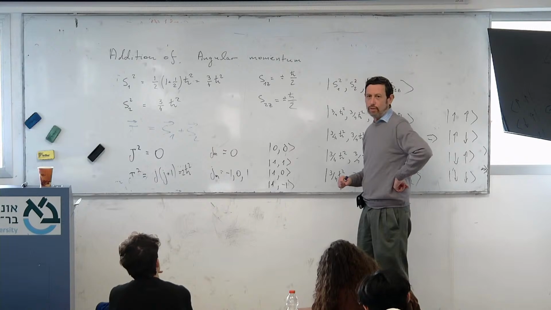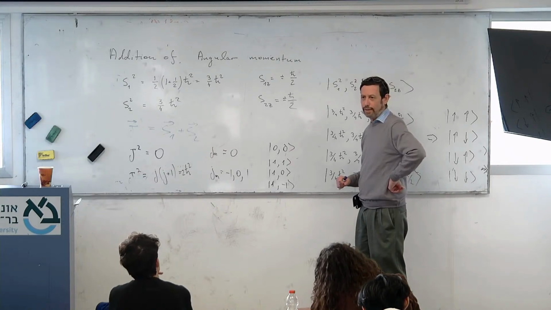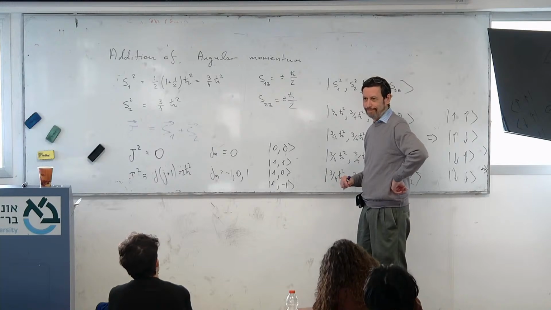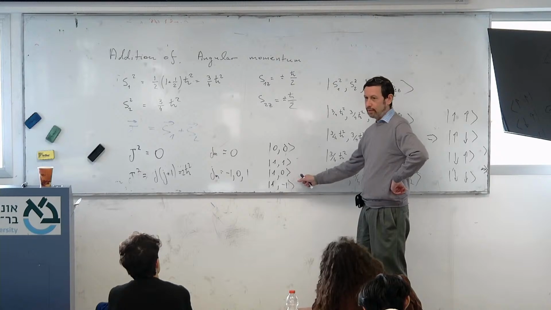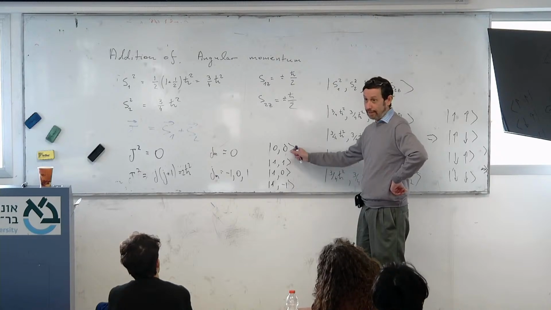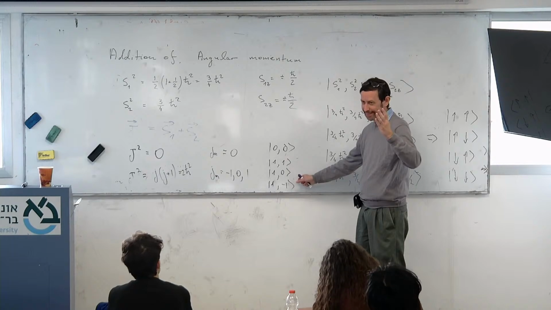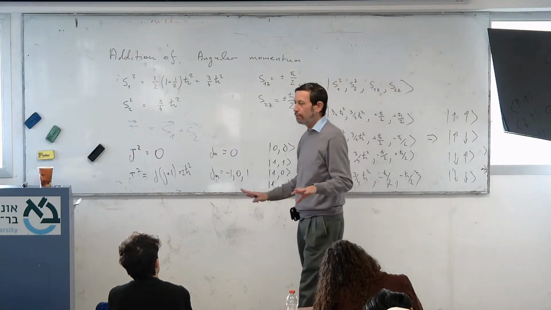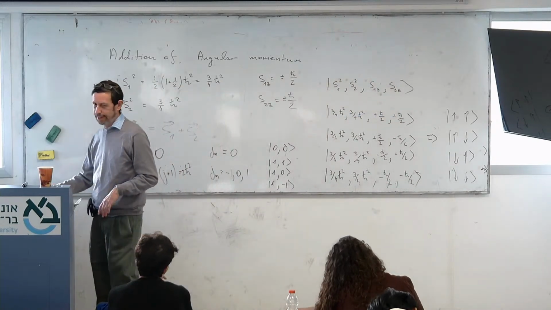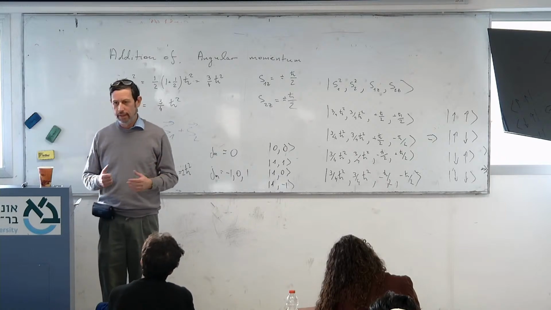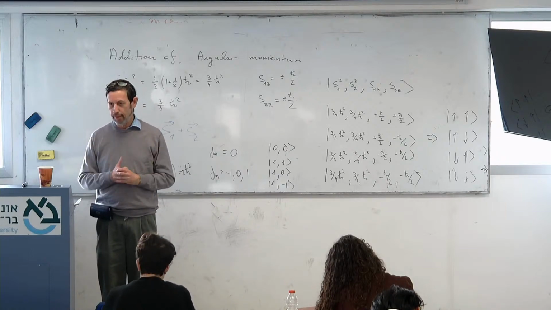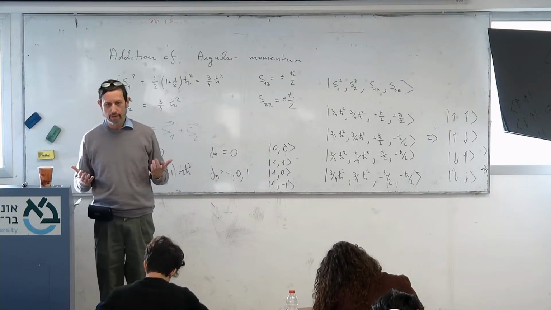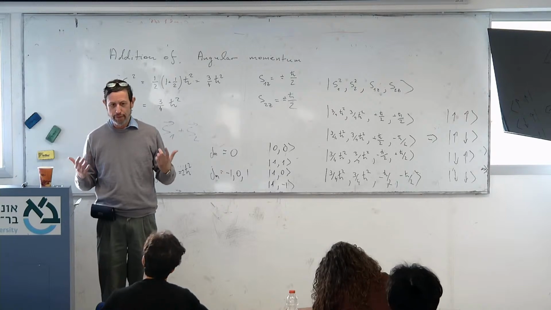Somebody here that knows a bit of chemistry or spectroscopy? Singlet, triplet states. Singlet 1, triplet 3. Extremely important for lots of things in spectroscopy, chemistry, physics. Some of you heard about superconductivity, right? A pair of electrons.